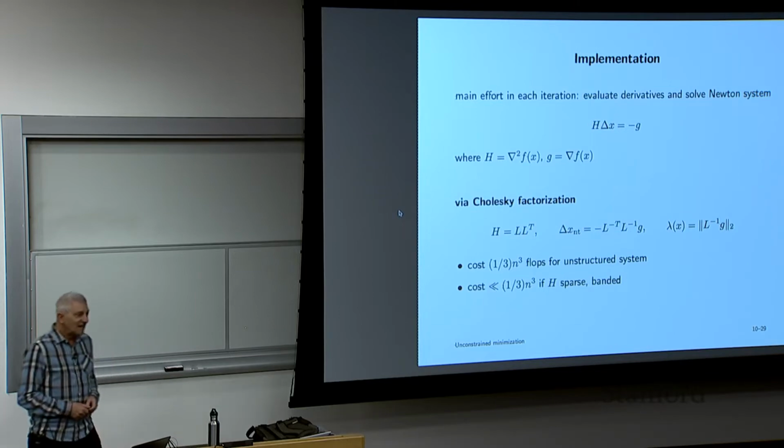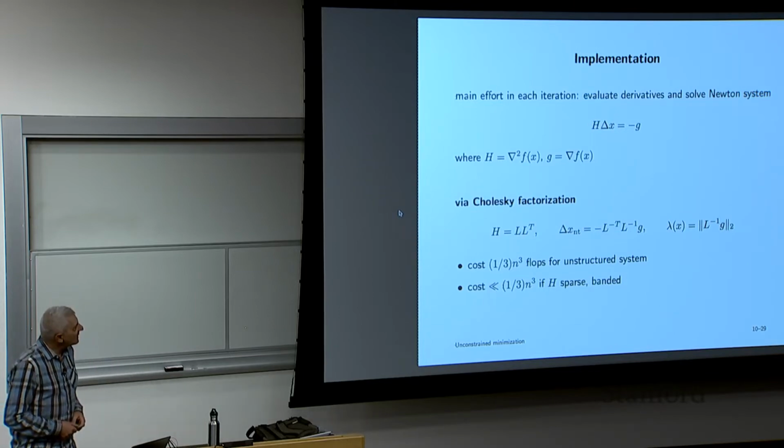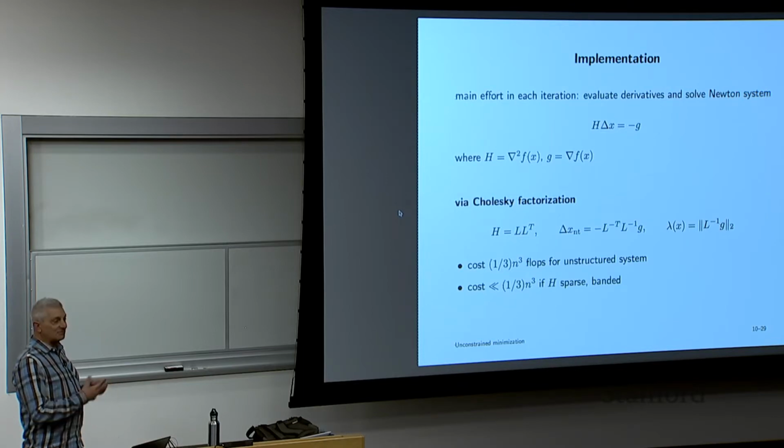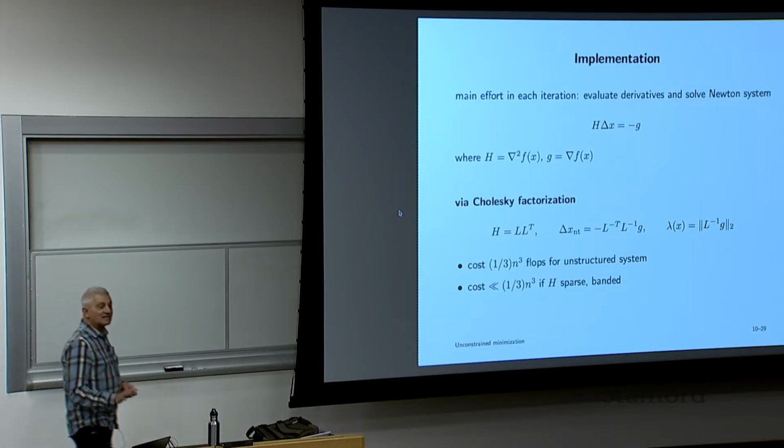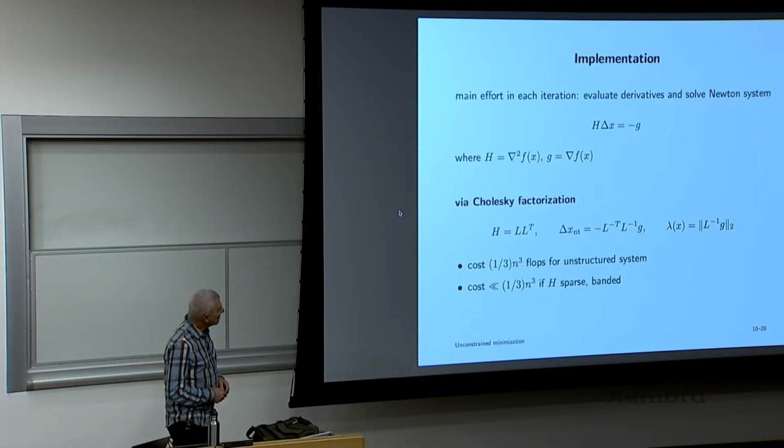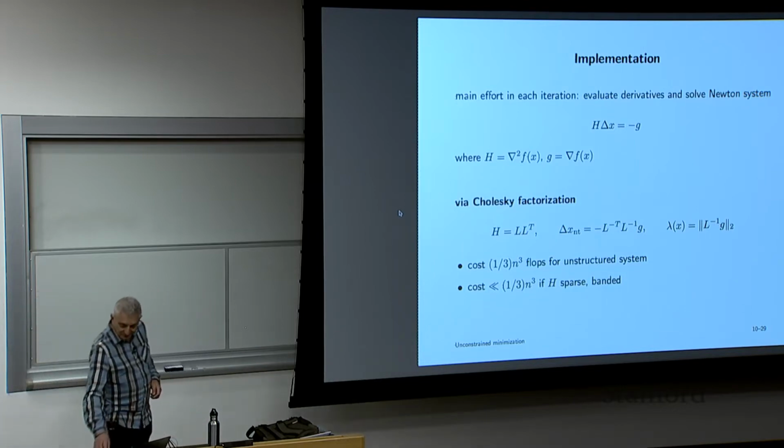Actually, there are many mistakes people can make. One would be forming H and having it be dense. Even if there are zeros all over it, you should check that, because some numerical method is not necessarily going to exploit that. Okay, so, all right.